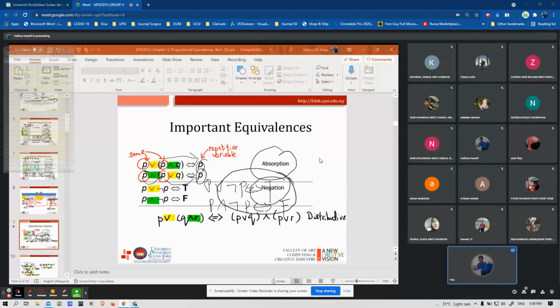Negation introduction states if the antecedent implies both the consequence and its complement, then the antecedent is a contradiction. If P or negate P is true, then P and negate P is false. And then we have the distributive law.